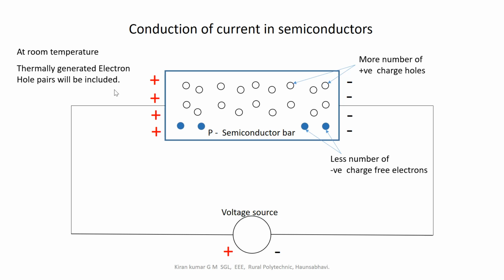The positively charged holes will be traveling away from the positive terminal towards the negative terminal inside the p semiconductor bar, and it is directed by the continuous dark arrow here.